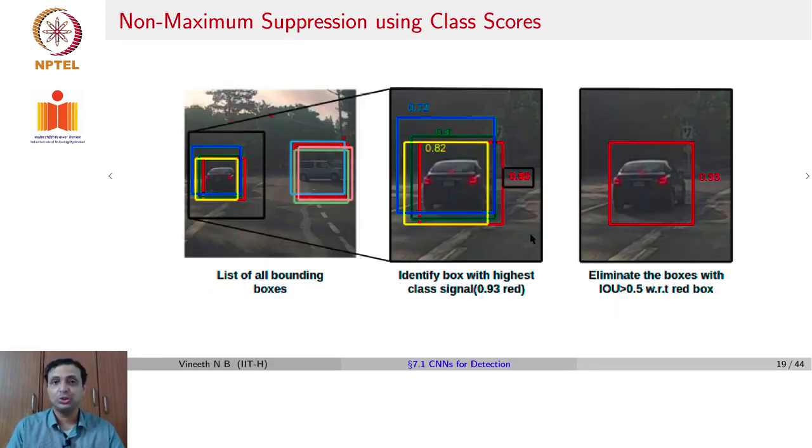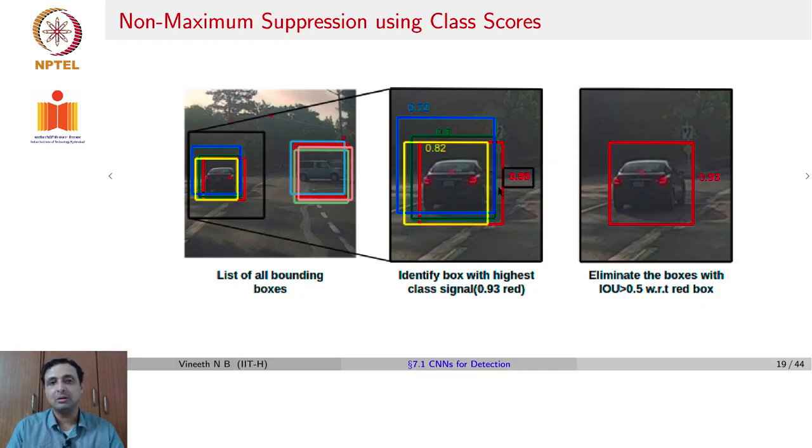Once again, in this approach, you can include non-maximum suppression to improve the performance. But here, as we said before, once you get the list of all possible bounding boxes where a car could be present, you consider the bounding box with the highest class signal. In this case, the red box would be the box with the highest class signal, 0.93.